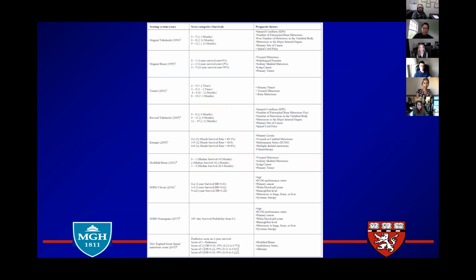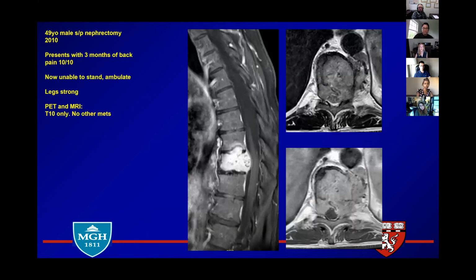But historically, things that are still commonly used, like the Tokuhashi, which a number of people in the chat box have referred to today, are not so accurate when you look at specific cancers. And that's why I'm just going to point out the paper that is going to come out this Friday. We looked at RCC metastases specifically and showed how each of these different scores measured up with actual survival data.